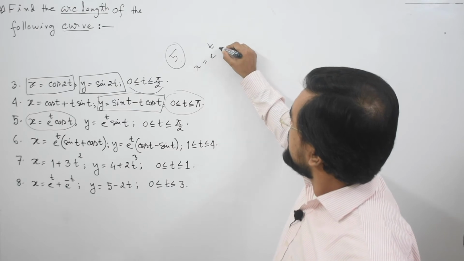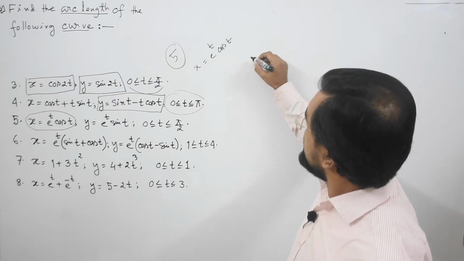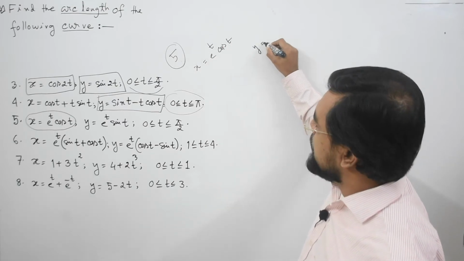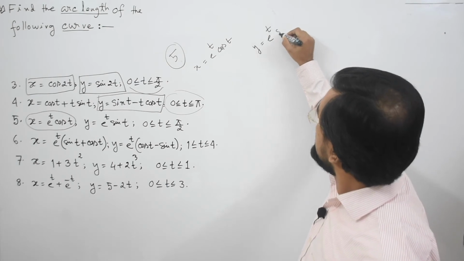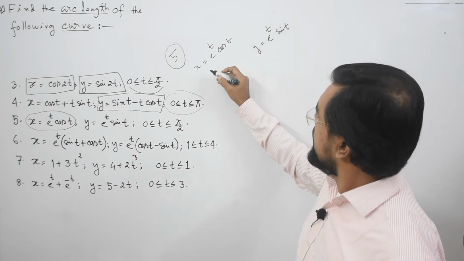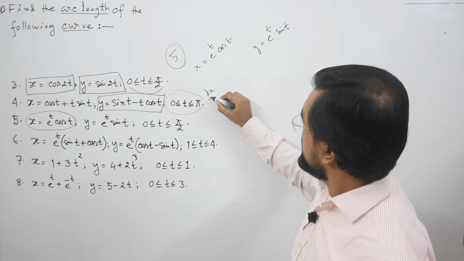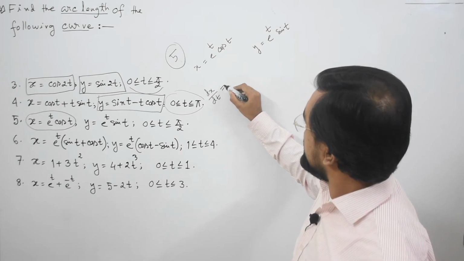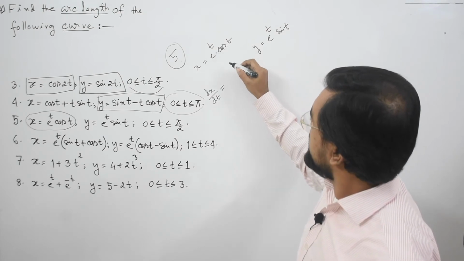So now let us try problem 5, and here x equals e to the power t cosine t, and y equals e to the power t sine t. So we need to calculate dx by dt, and we can use the product rule here again.